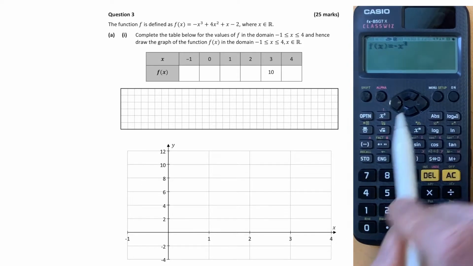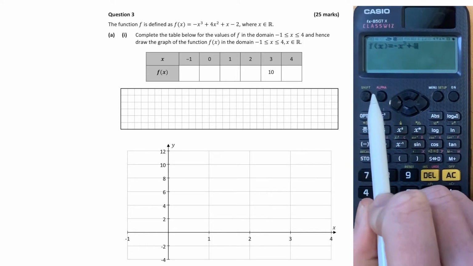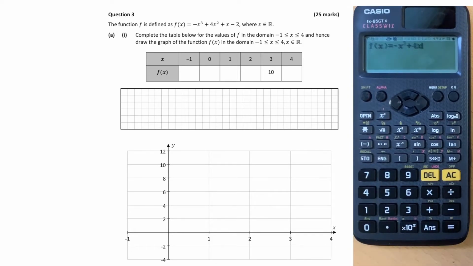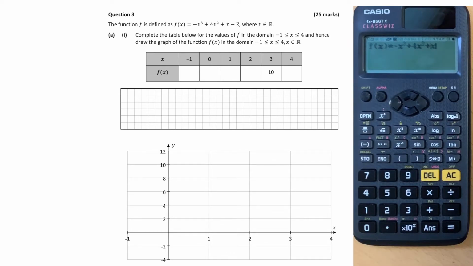We need to add 4x squared, so I'm going to come down there, press 4 plus, press 4, and again we're going alpha x. Okay, that needs to be squared, so I can press the squared button, and I need to add to that x, so plus alpha x, and I need to subtract 2, so -2. Okay, so you can see there that I've input the function. So once the function is in, I'm happy that's correct, which it is. I'll press equals.